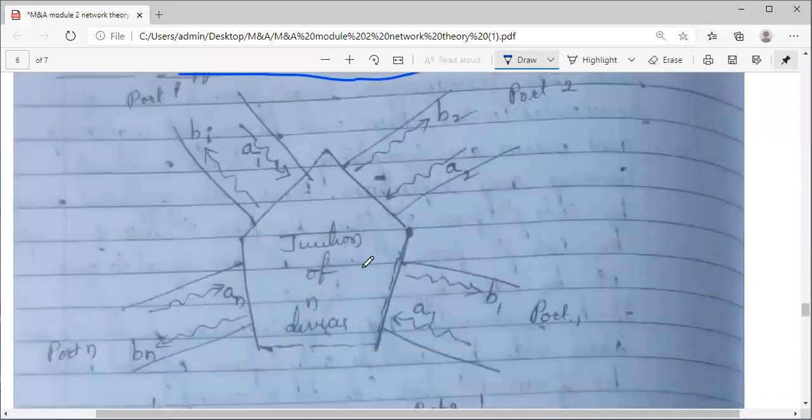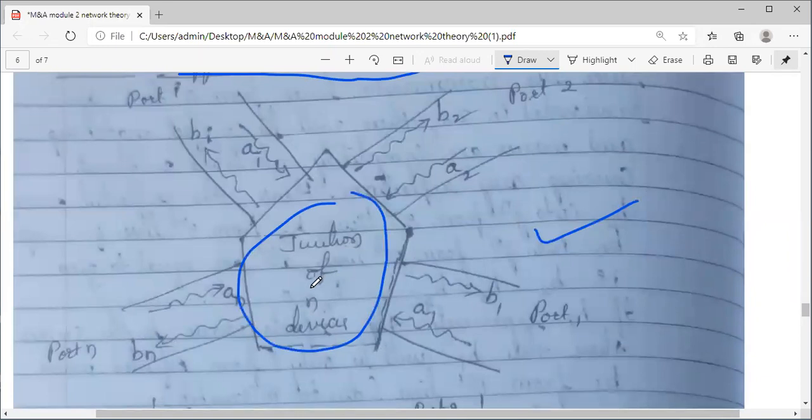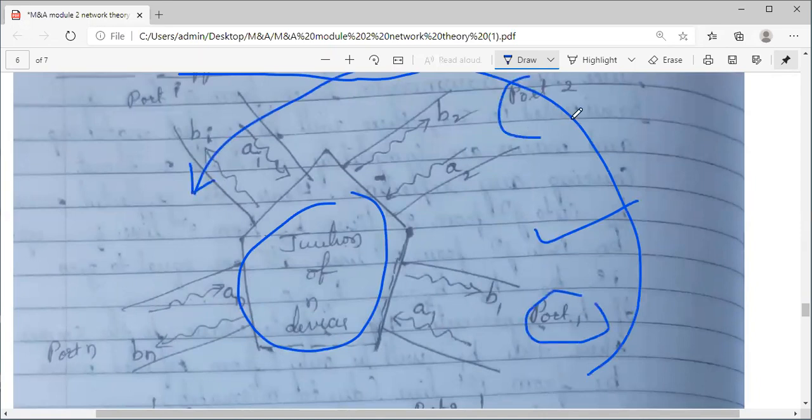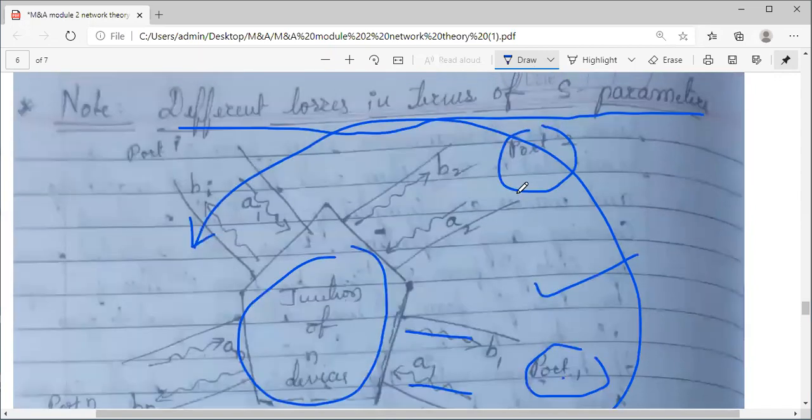In the previous session, we have already seen this figure. This is a junction of N, for a multi-port network. I have drawn it in clockwise, anti-clockwise direction. So this is your port 1. This is your port 2. For port 1, A1 is the incident wave, B1 is your reflected wave. Similarly, port 2, incident, reflected, port 3, and so on.